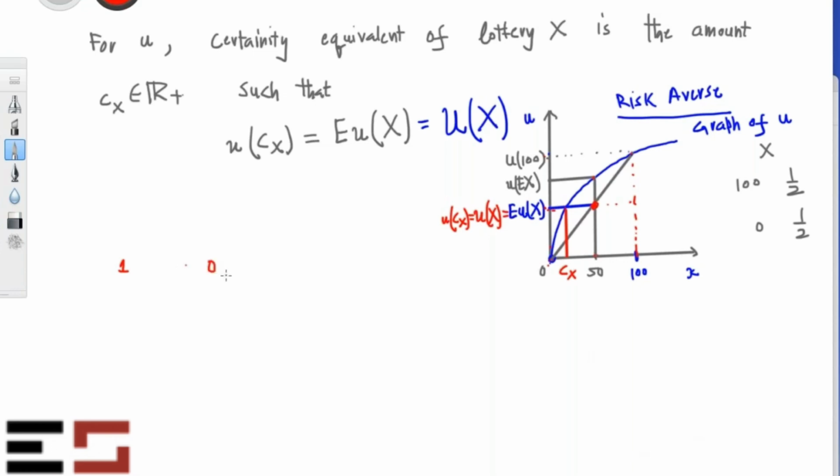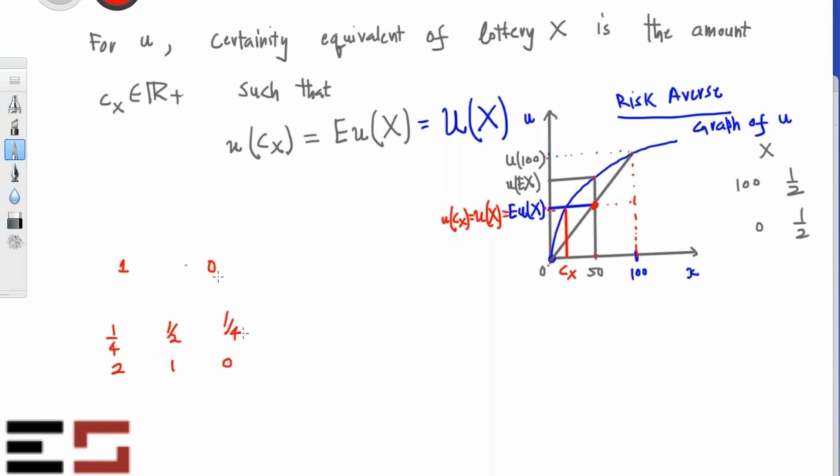If I play this 2 times, then I'm going to get 2 with probability 1/4, because I'm playing this 2 times. I'll get 2 with probability 1/4, 1 with probability half, and 0 with probability 1/4. It's a binomial random variable, sum of the lotteries.